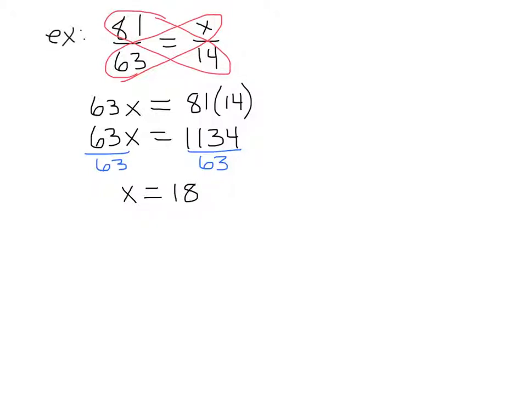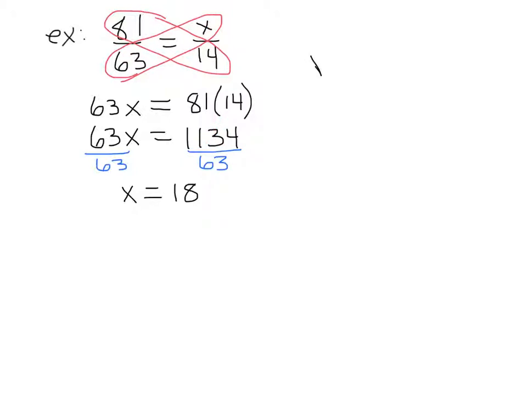How do I know it's right? Just take the 18, put it back in here. Since 81 times 14 equals 1,134, then 63 times 18 should equal the same thing. And so you can test it.